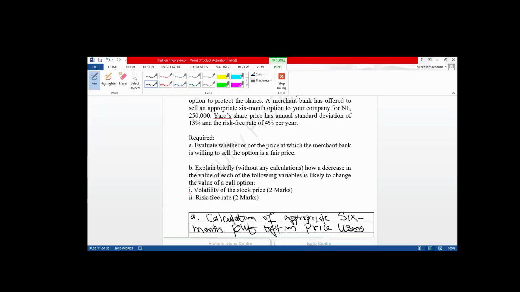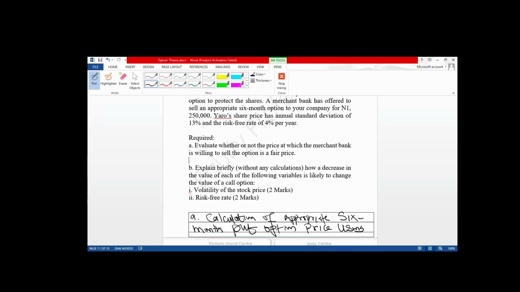Will your stock price increase or decrease? If there's a decrease in your risk-free rates, what will happen to the value of the call option? Will the value of the call option increase or decrease?